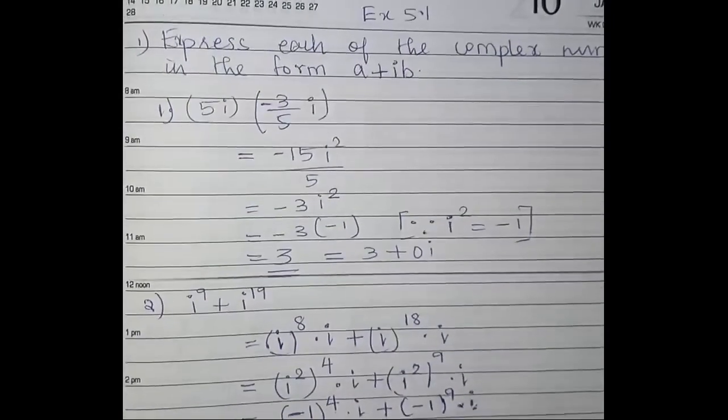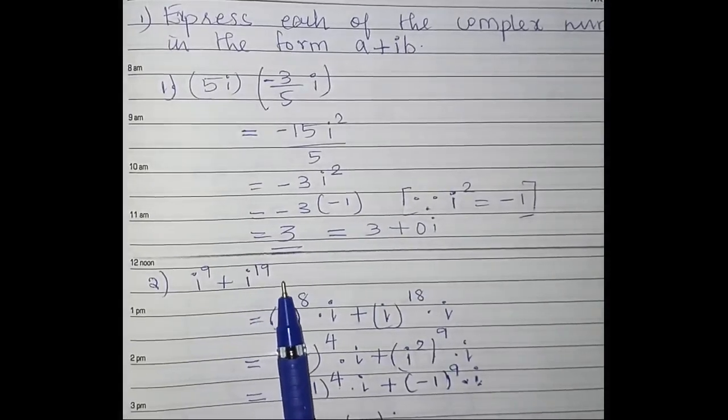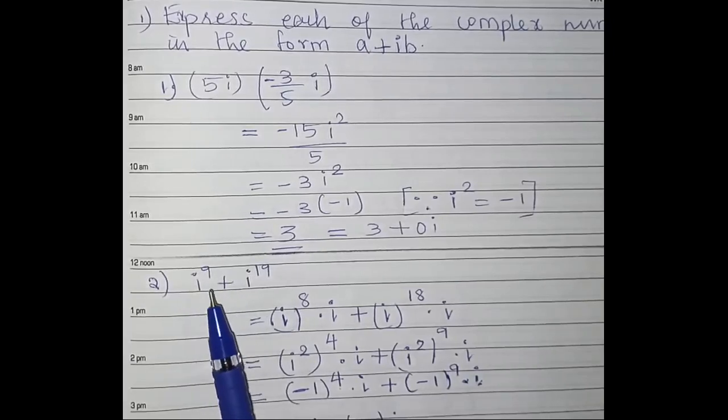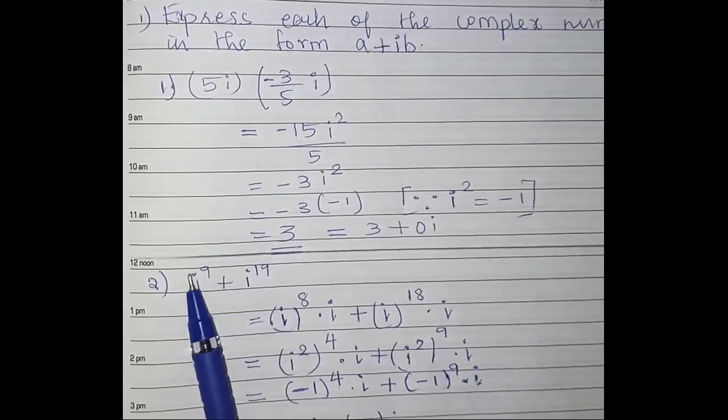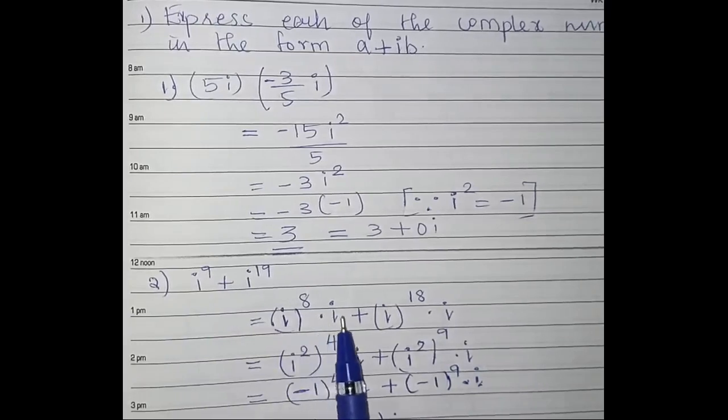So now we'll come to the next question. i power 9 plus i power 19. So if you see i power, we know only the value for i square. So whenever you get a question like this, try to write it in i square form. So will I write i power 9 in i square form? First, separate i from this.